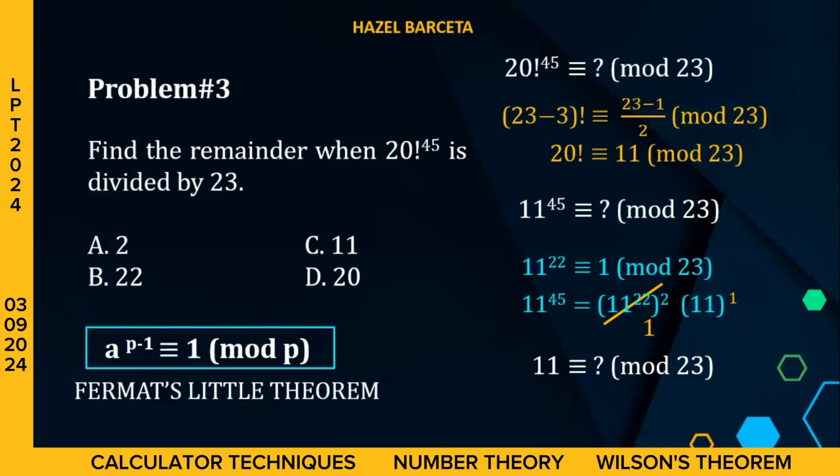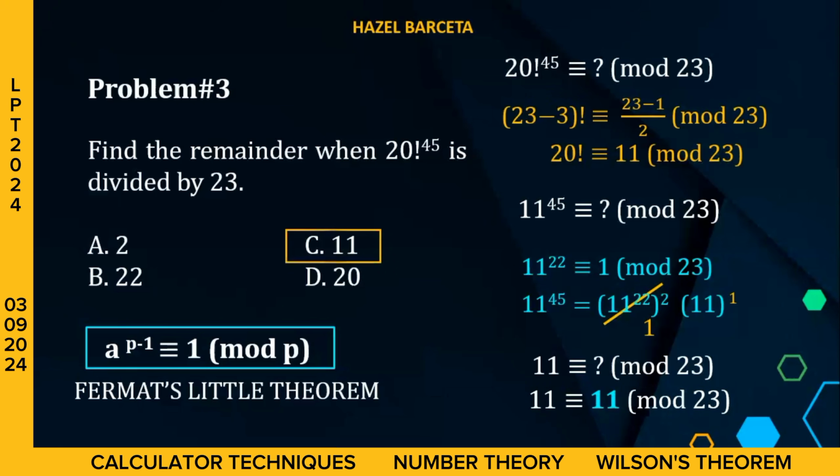Notice that 11 is less than 23. Our dividend is less than our divisor. Hence, ito na po ang ating remainder. E di magiging 11 is congruent to 11 mod 23. And 11 is now our answer, which is letter C.